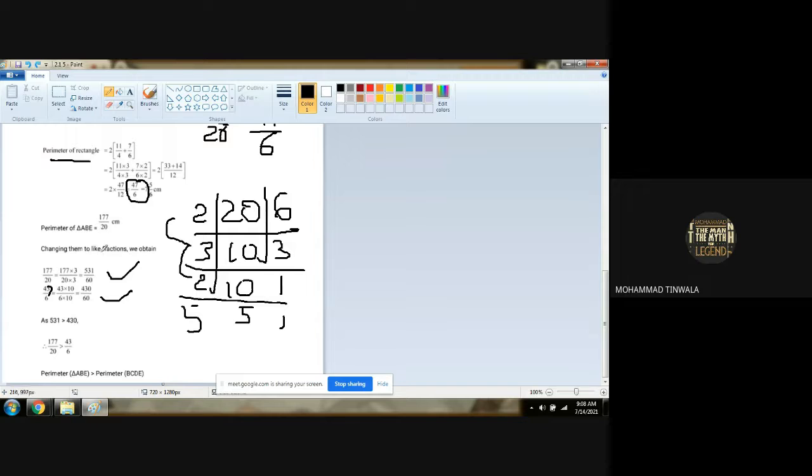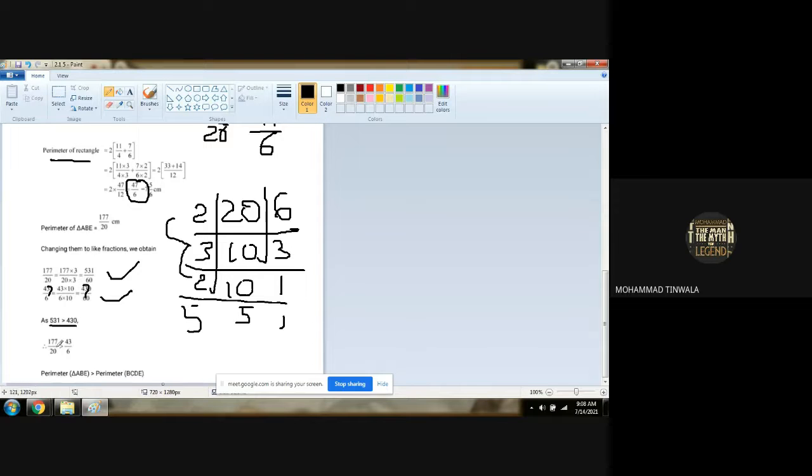When denominators are the same, the numerator decides. The fraction with the greater numerator will be the greatest fraction. So 531 is greater than 430. Am I right or wrong? Yes.